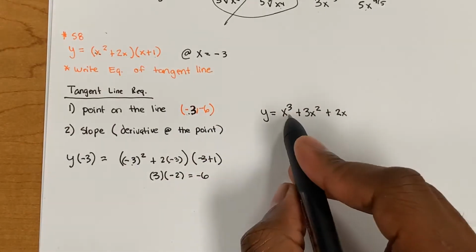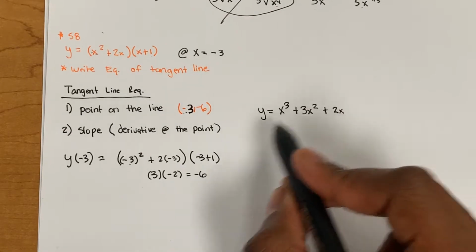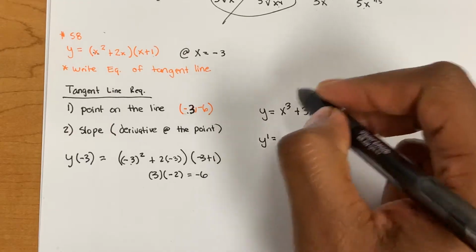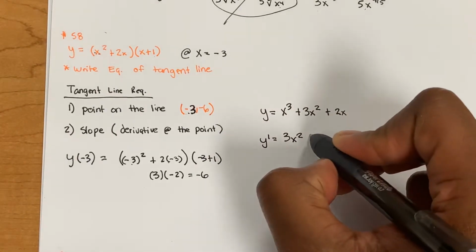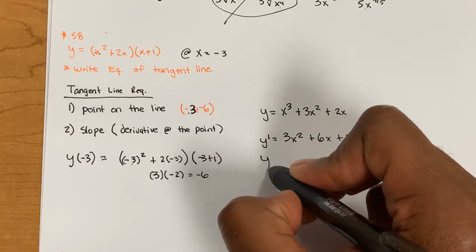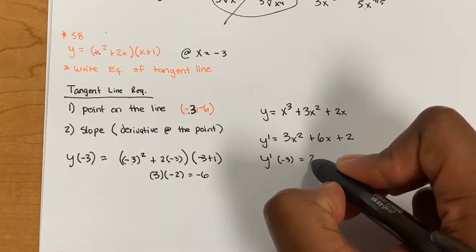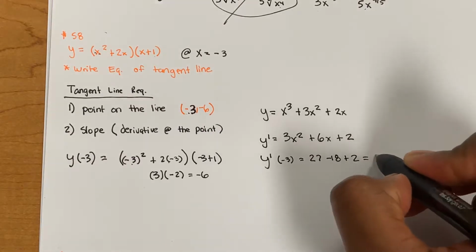And so when we substitute in -3, we're going to get -27 plus 27 minus 6. So that is -6. And so now when we're finding the slope, we need the derivative. So that's going to give us 3x squared plus 6x plus 2. And the derivative evaluated at -3 is going to be 27 minus 18 plus 2, which is 11.